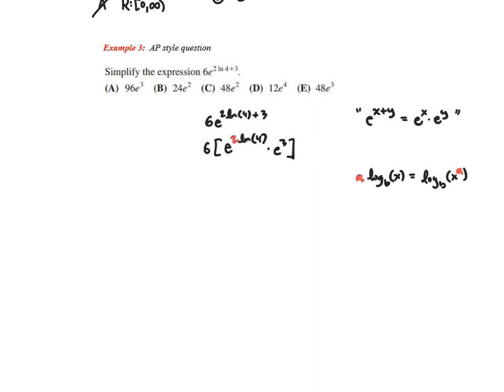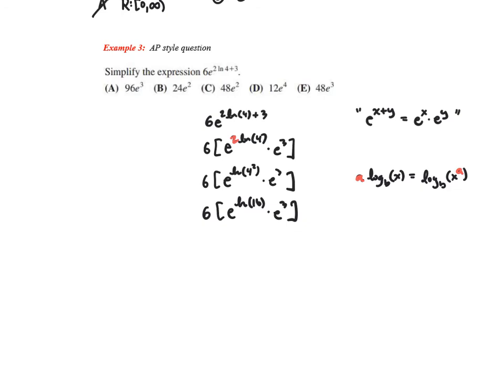I'm going to bring that up into the exponent, e to the ln of 4 to the 2 times e to the 3rd. So why does that help me? That helps me because now I can do this. This is e to the ln of 16 times e to the 3rd.